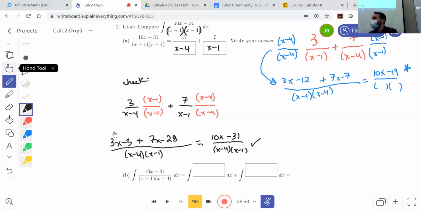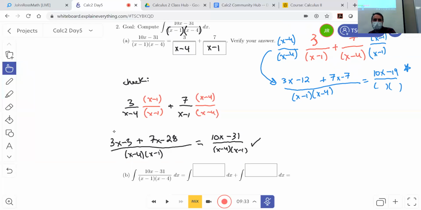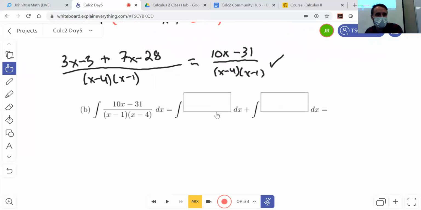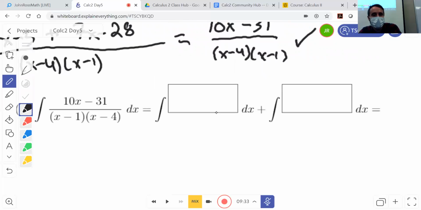And then the value of this, right? The reason why we'd actually want to do this comes when we want to take the antiderivative of the original expression, the 10x minus 31 over x minus 1 times x minus 4. Because we realize now, let me zoom in so I can fit this in this box here, that 10x minus 31 over that denominator can now be rewritten as 3 over, I've already forgotten.